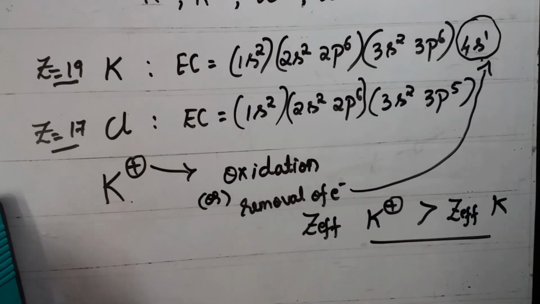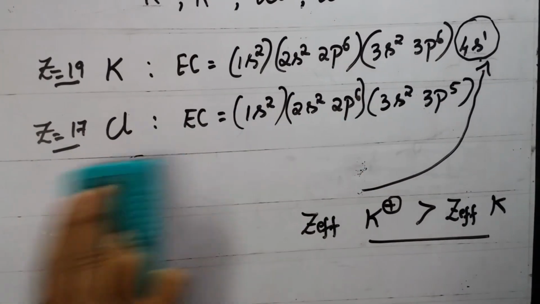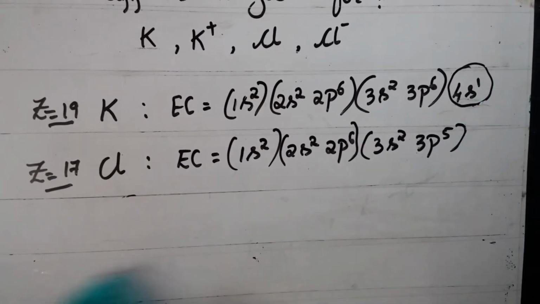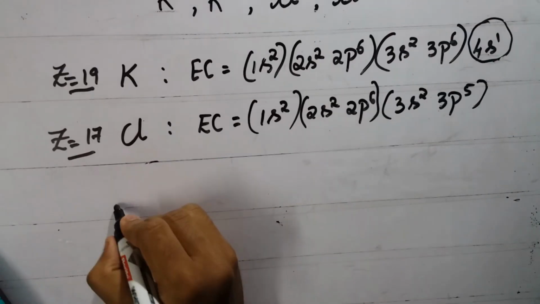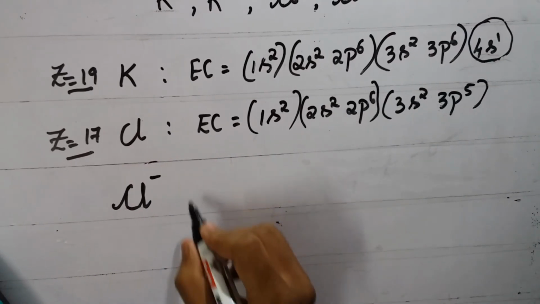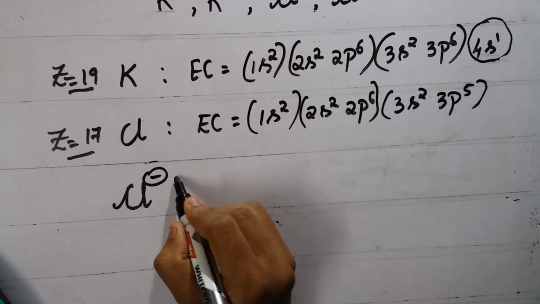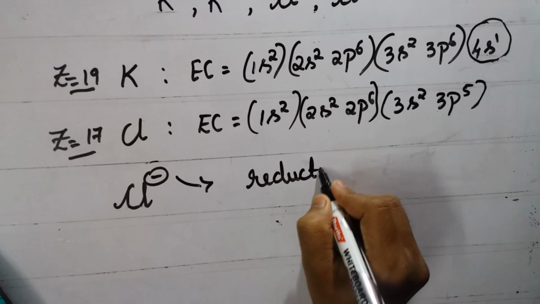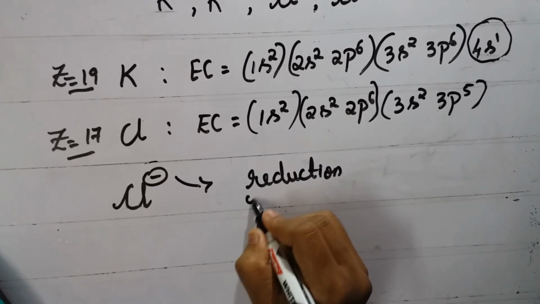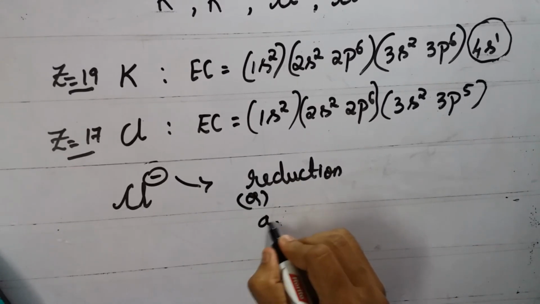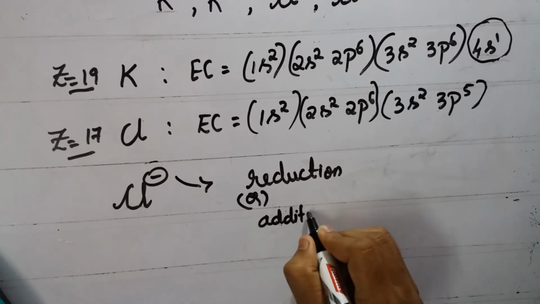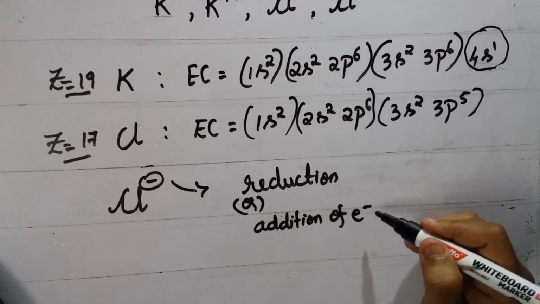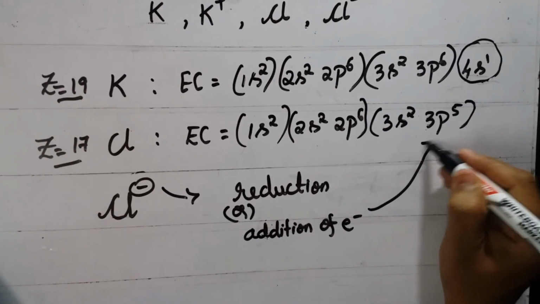Now let us consider the chloride ion, the Cl minus ion, where the negative charge or the minus indicates the reduction. Reduction is nothing but addition of electron. The addition of electron is taking place to the same shell.